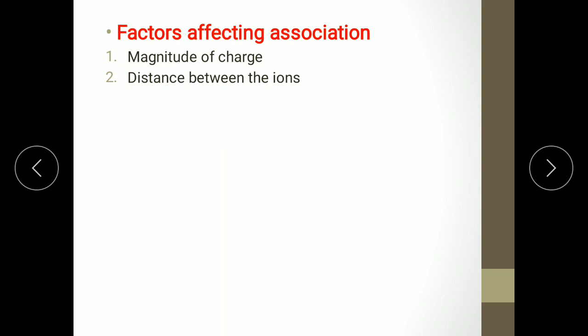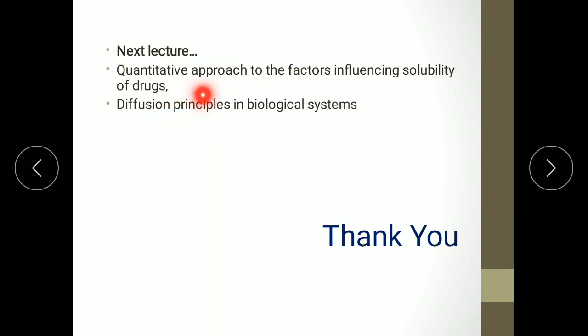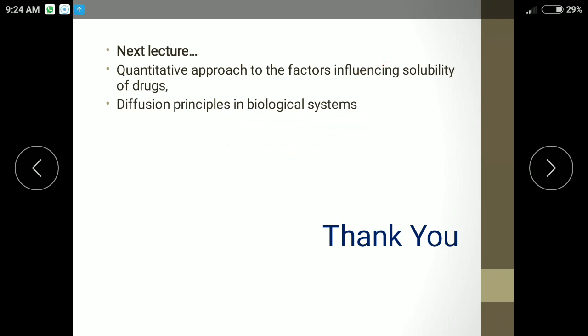Then we have seen solubility parameters, in that Hildebrand parameter, then Hansen parameter, then application of solubility parameters, then what is solvation, factors affecting solvation, then association, and what are the types of association and factors affecting association. In next lecture, we will see the quantitative approach to the factors influencing solubility of drugs and diffusion principle in the biological system. Thank you.